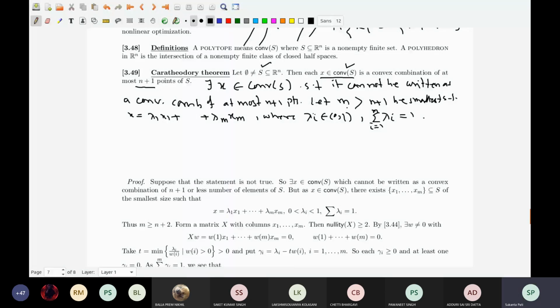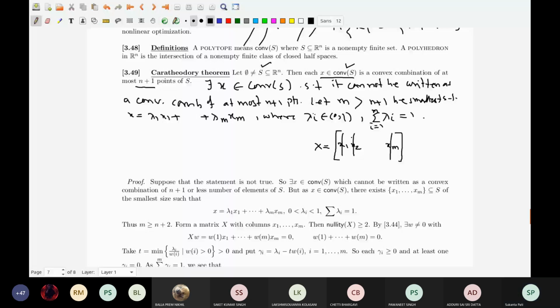Okay, so then what you do, now you form a matrix, capital X, by writing x1 here as a column, x2 here as a column, and xm here as a column. Now look, each vector xi is an element in R^n. So the number of rows is n and the number of columns is m, which is greater than or equal to n+2.